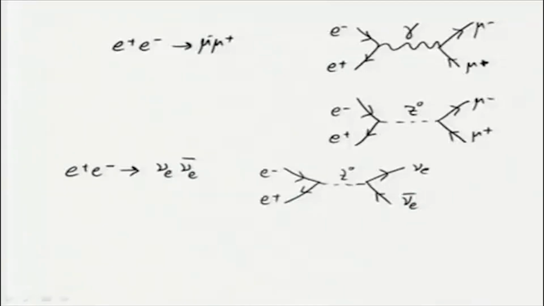Similarly, e plus e minus going to mu plus mu minus through a photon can also be thought of as annihilation of electron and positron and creation of a photon, which then pair creates a mu minus and mu plus. Okay. So, this is possible, but as I said, it is not possible to have e minus e plus annihilating to a photon and pair creating a neutrino and antineutrino.